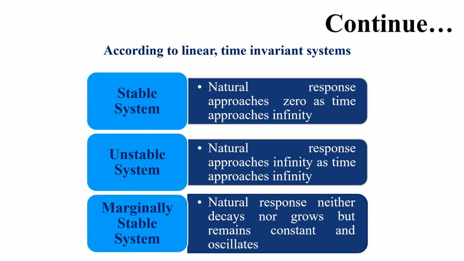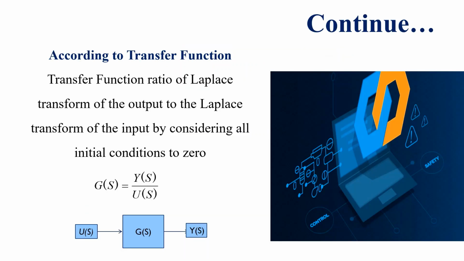If the natural response approaches infinity as the time approaches infinity, then the system is called unstable system. If the natural response neither decays nor grows but remains constant and oscillates, then the system is called marginally stable system. Third method for defining the stability of a control system is transfer function.